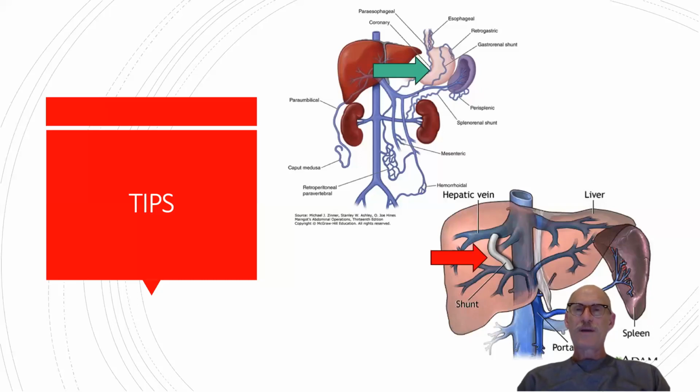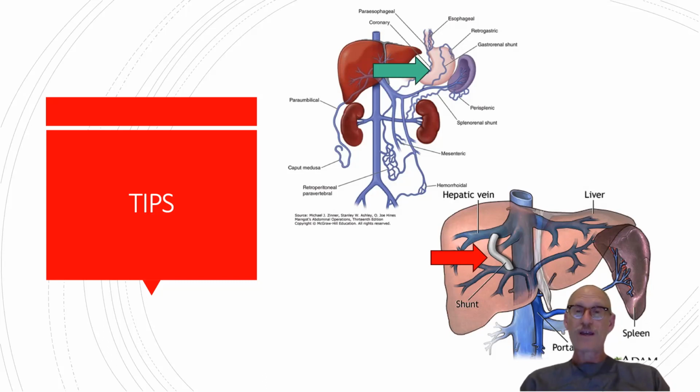So let's talk for a second about what is the TIPS procedure. A TIPS procedure is a bypass that's done through the jugular vein by inserting a catheter through the jugular vein down into the hepatic vein and basically connecting the systemic venous system with the portal venous system. So that portal venous system that's got all that pressure in it is now connected with a low pressure systemic venous system, so the flow will preferentially go that way instead of going into the esophageal varices.